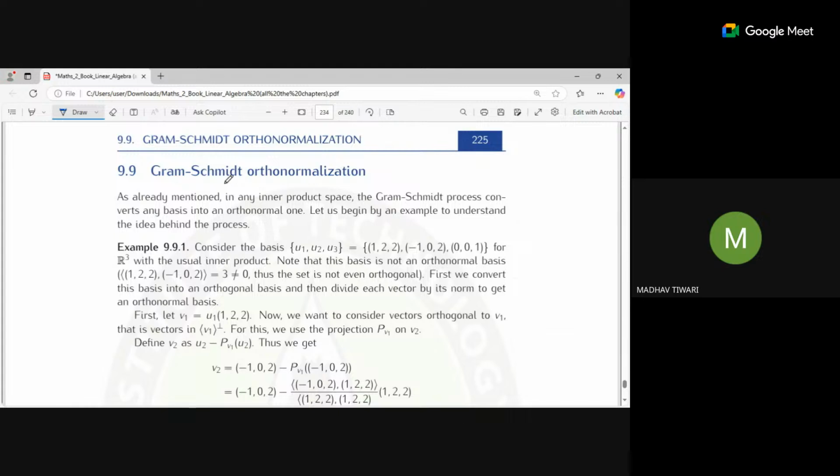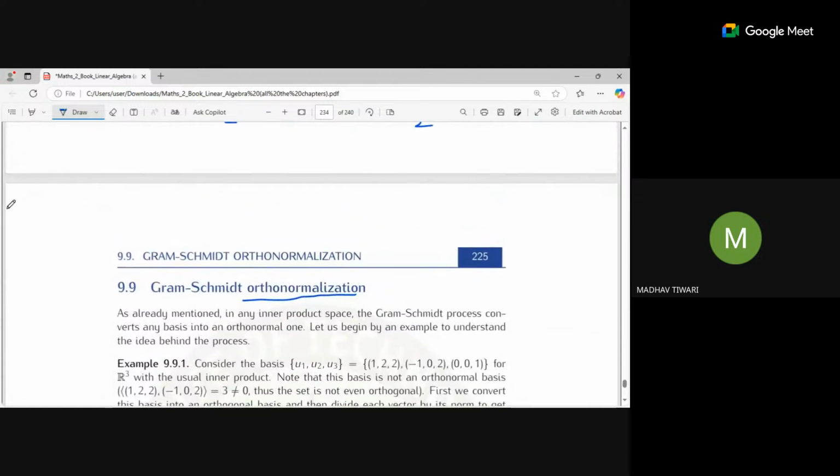Next is the Gram-Schmidt method of orthonormalization. Suppose you are given a basis already like this, and you want to convert it into an orthonormal basis. You are aware how to convert an orthogonal basis, or orthogonal set of vectors, into orthonormal.